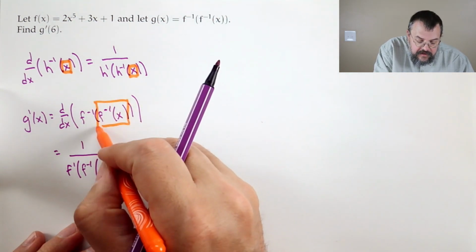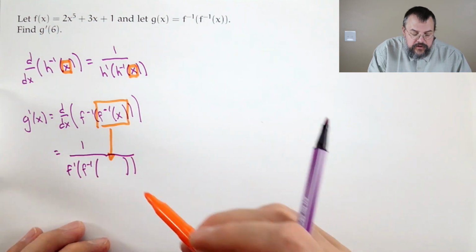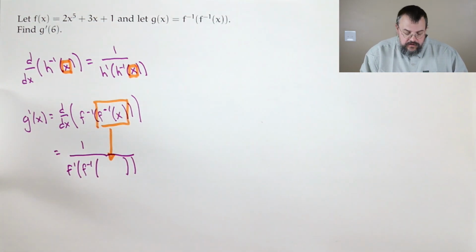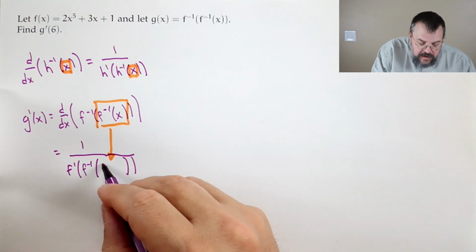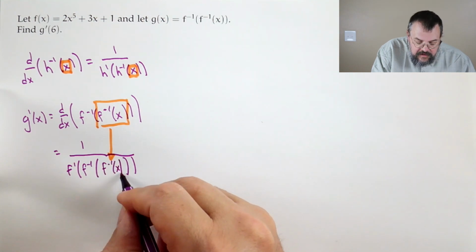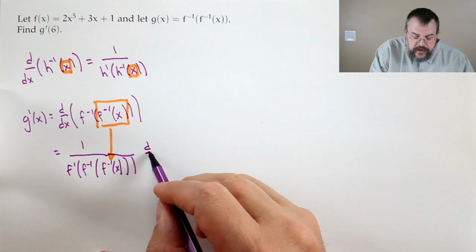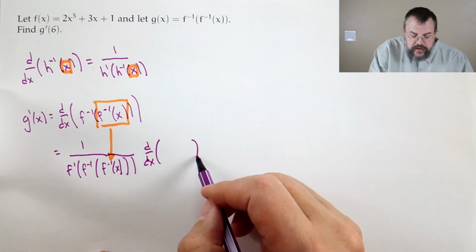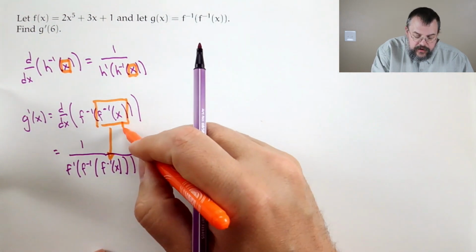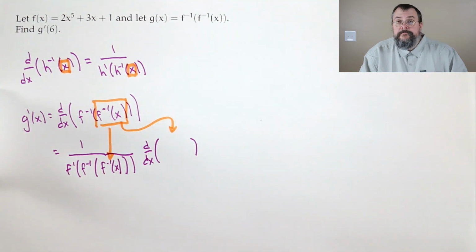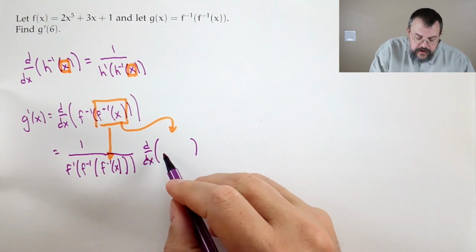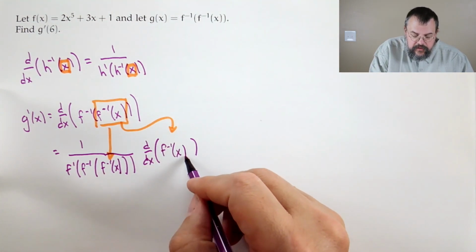See, that's what's on our inside. So that's what's going to go into there. So that's going to be f inverse of x times, by the chain rule, the derivative of the inside. So that also is what's going to go into there. So the derivative of f inverse of x.